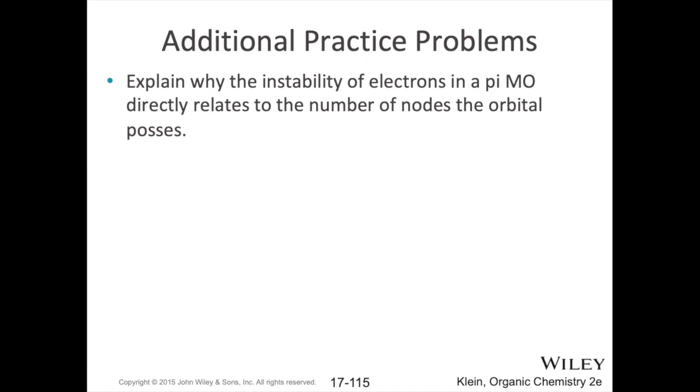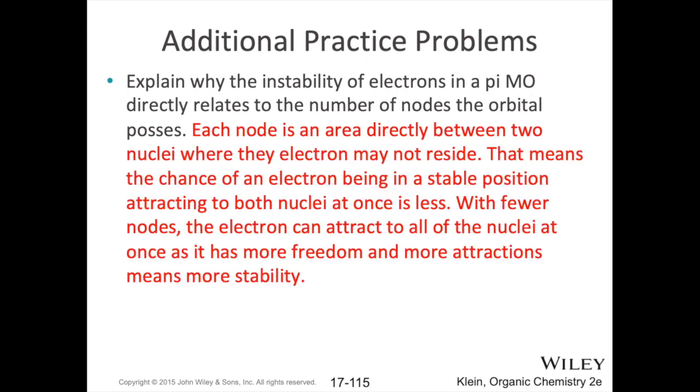So remember, you want overlap between orbitals. That's where you have stability arising from. So with fewer nodes, you have more overlap between the orbitals, and therefore that molecular orbital is more diffuse. Those electrons have more space to occupy, more positions to be found in, and that again is really tied into stability.